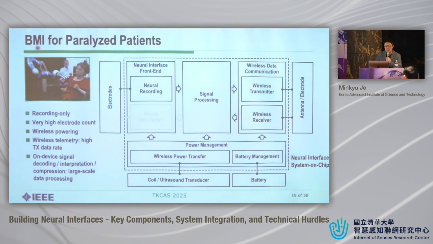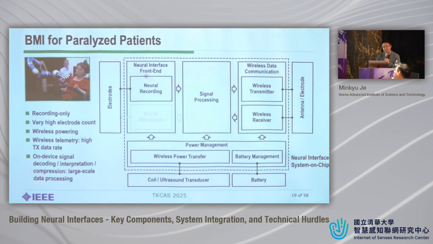So perhaps you heard about Neuralink, right? Neuralink is the company founded by Elon Musk, developing the brain-machine interface for paralyzed patients at the first stage. They dream to expand it to even general users, not the patients, but at this stage, they are pretty much focused on the paralyzed patients.